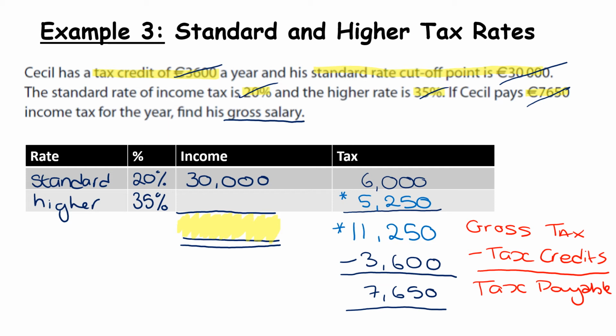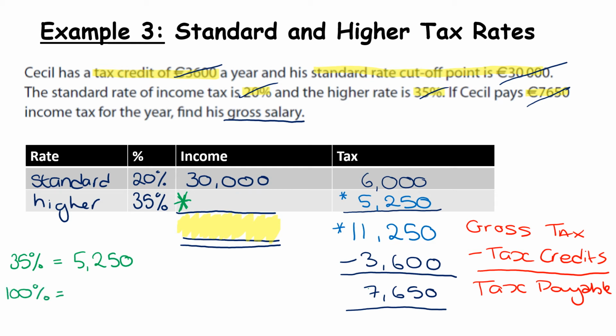So now, this is what I think the trickiest piece is. So I'll do it here, a little bit of green. Okay, so I did 35% of some number and got 5,250. So 35% of some number is 5,250. I want to figure out 100%.